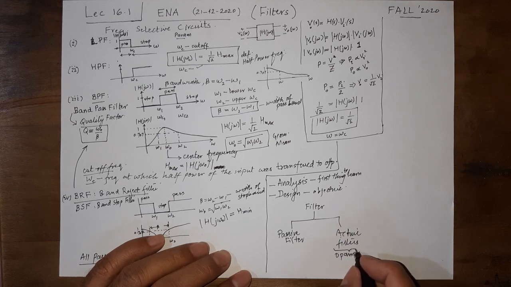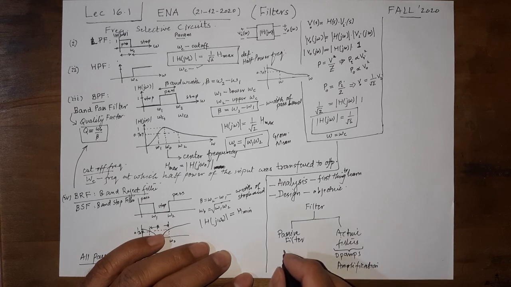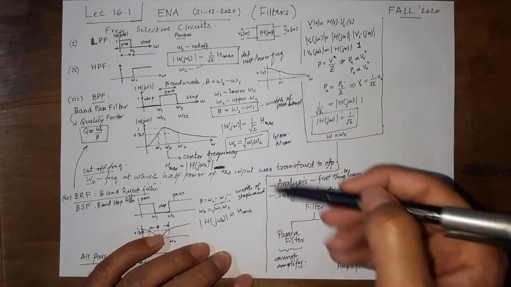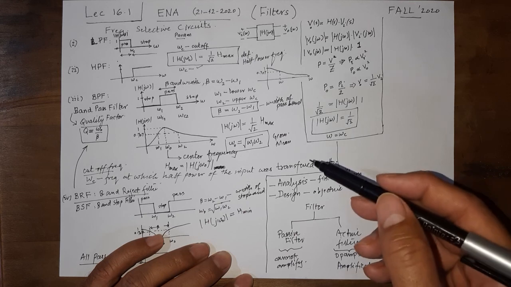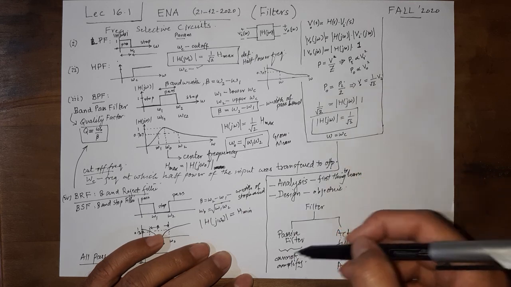They are based on op amps, and because of the op amps, we can get amplification as well, which is not possible with passive filters. By amplification, we mean if the input signal is of a lower amplitude, the output signal is of a higher, bigger amplitude, then that is amplification.